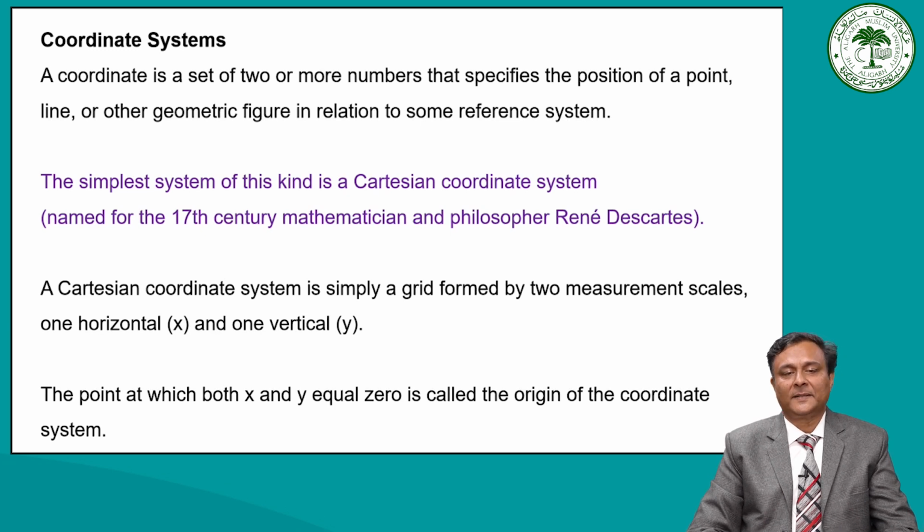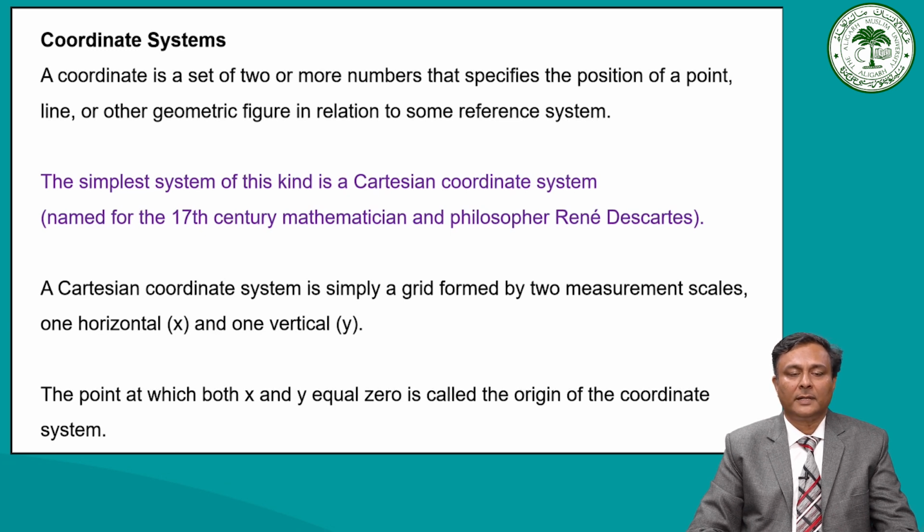The simplest system of this kind is a Cartesian coordinate system, named after the mathematician and philosopher Descartes. A graph paper is a good example of this Cartesian coordinate system.